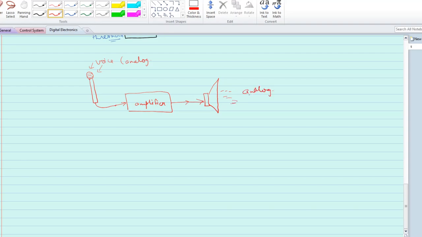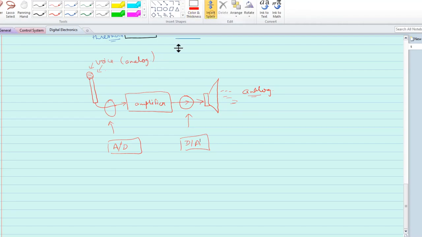Now if we want to convert this analog voice to digital voice, then we have to put here some circuit that is known as your analog to digital converter, that is A to D converter. And because we have to convert it back to analog form, here we have to add some additional circuit, that is digital to analog converter.